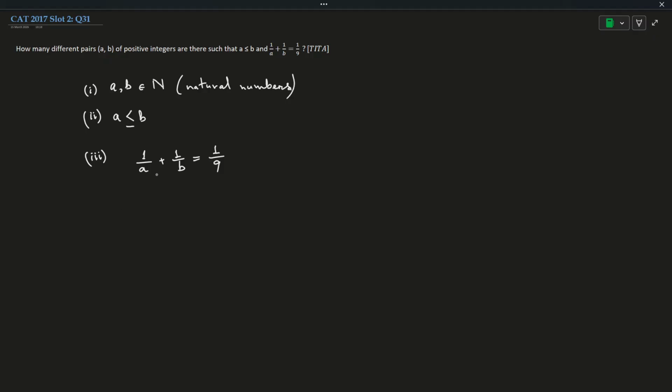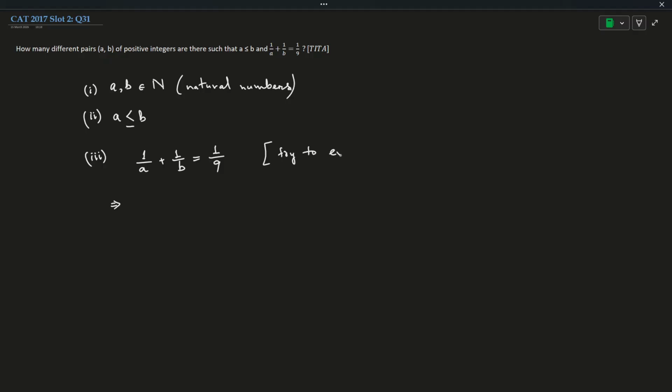Okay, so in these types of questions, guys, take the LCM. Basically, in these types of questions, your final goal or main motive should be to somehow express the equation as a product of two variables.